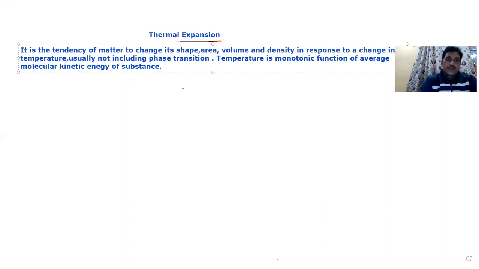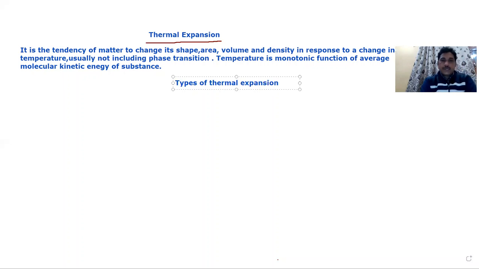Okay. Now, types of thermal expansion. Now try to understand, what is thermal expansion? It is a property, a tendency, by which if we increase the temperature of any substance, then its shape, area, volume and density will be changed.